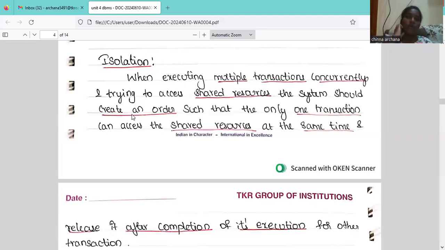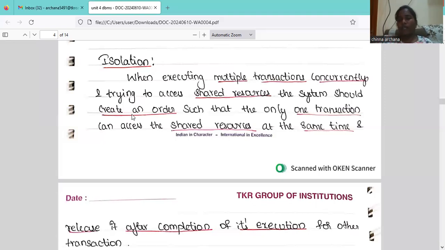The task of T1 is to debit 1,000 rupees from the X account. The T2 task is to multiply the amount by 2. The T3 transaction has to increment the X account by 1,000 rupees.